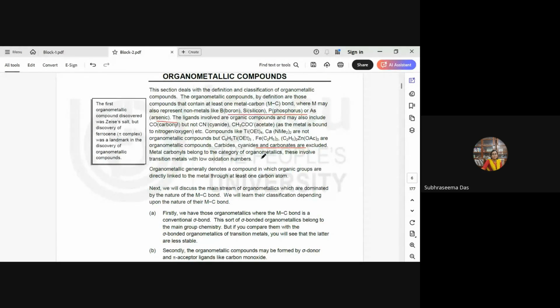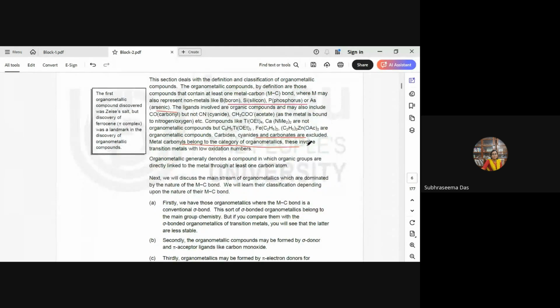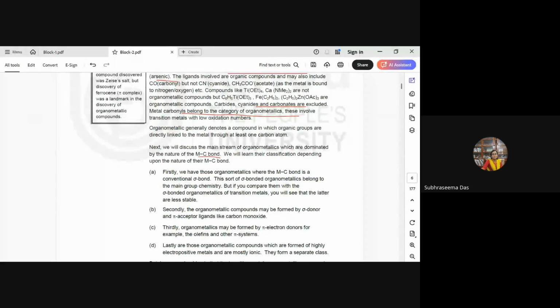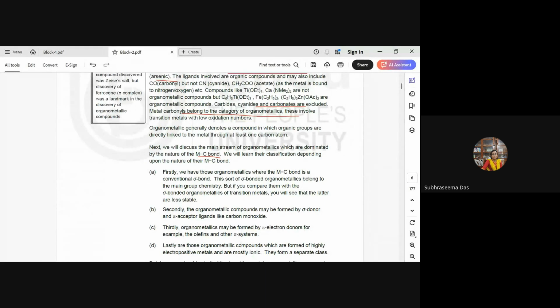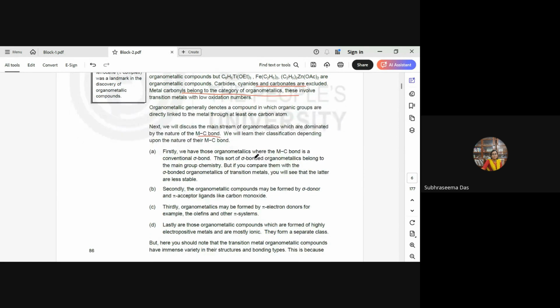Metal carbonyls are a special class of organometallic compounds and they have been included in a separate chapter. Now we discuss the mainstream of organometallic compounds, which are dominated by the nature of the M-C bond. Depending on the nature of this M-C bond, organometallic compounds have been classified into various types. First, those where the M-C bond is a conventional sigma bond.